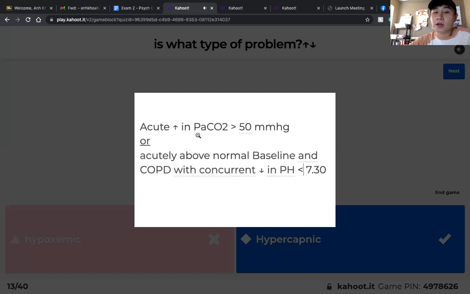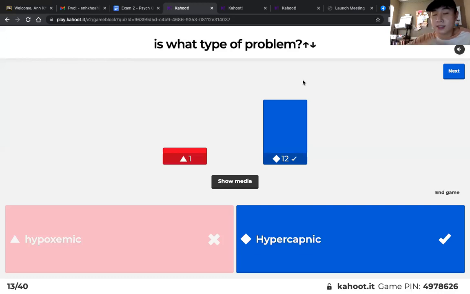So we have an acute increase in carbon dioxide of more than 50. The regular number is 35 to 45. That's the normal range. So when we have an increase in carbon dioxide, the pH will get acidotic, so it will be less than 7.30. The normal range for pH is 7.35 to 7.45.